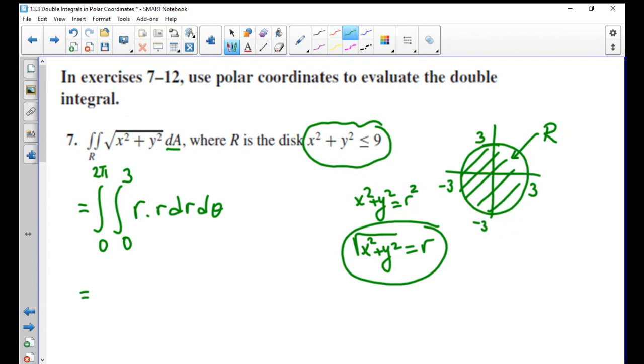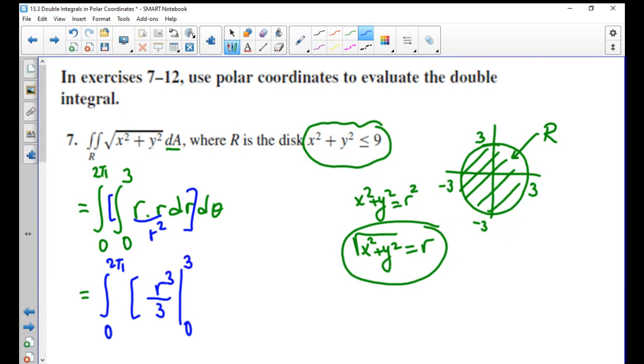Now we can integrate this. r multiplied by r is r squared. So it's going to be 0 to 2 pi, and r squared dr is going to be r cubed over 3 from 0 to 3, d theta. Now, when you substitute, 3 to the power of 3 is 27, divided by 3, 9.